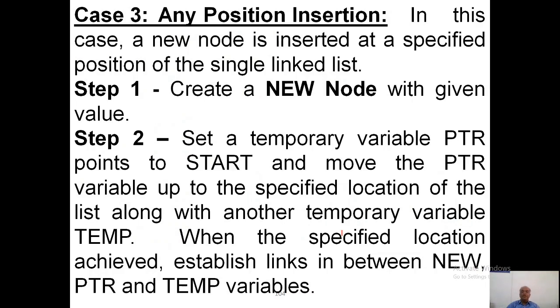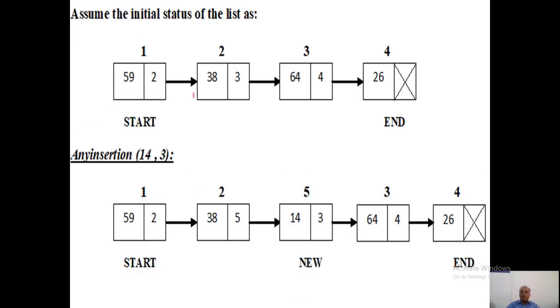So, any position insertion. Similarly, check whether the list is empty or not. If it is not empty, then set a temporary pointer pointing to start and move the pointer variable to the specified location. So here, look at this. We have four nodes here. I want to insert 14 at the third position.